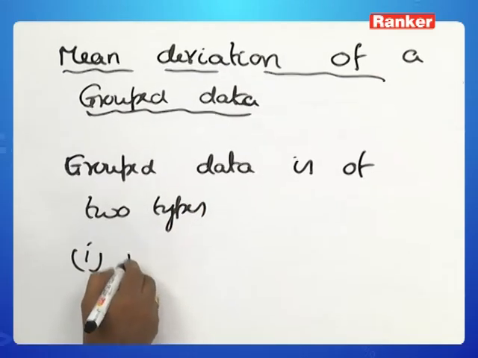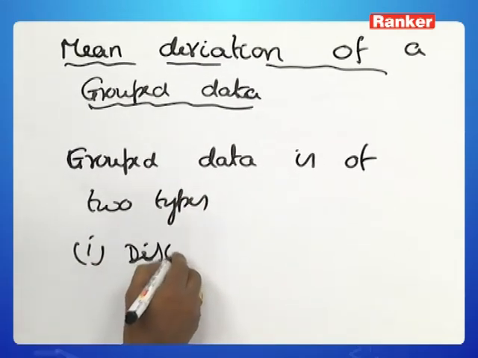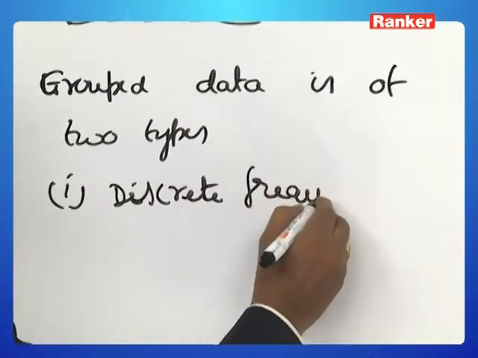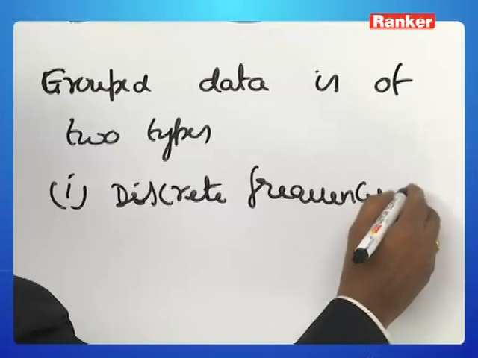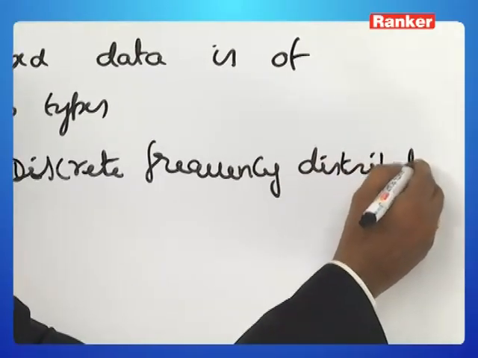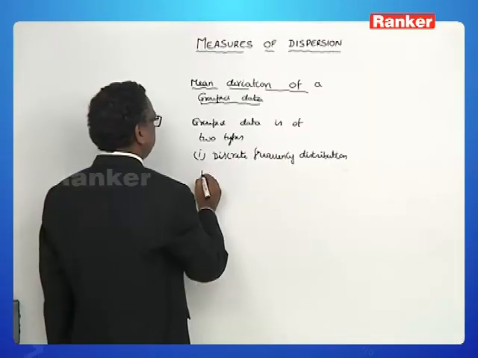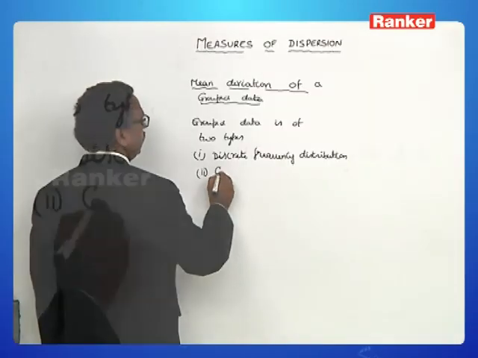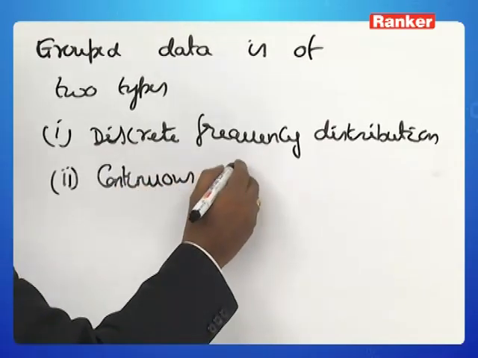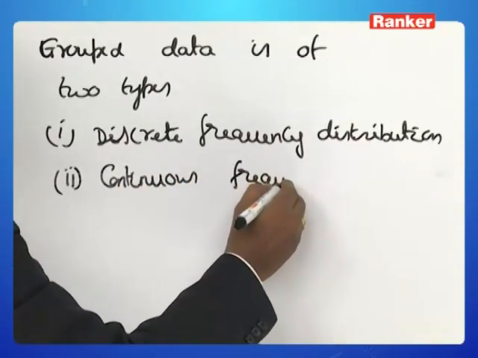One, discrete frequency distribution. And second one is continuous frequency distribution.